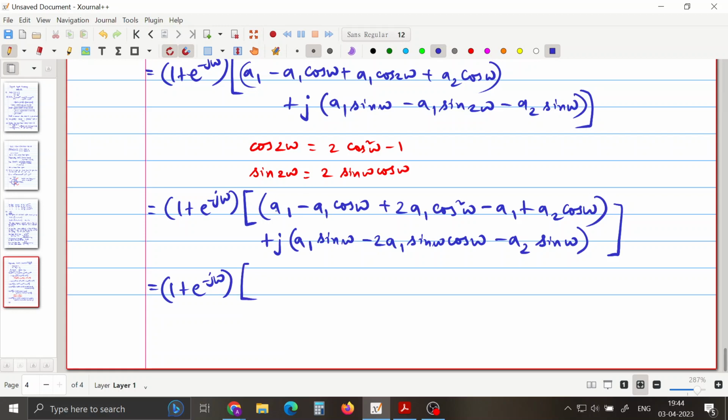Okay, so clearly this a1 gets cancelled with a1 here, and you can take cos omega common for the real part.